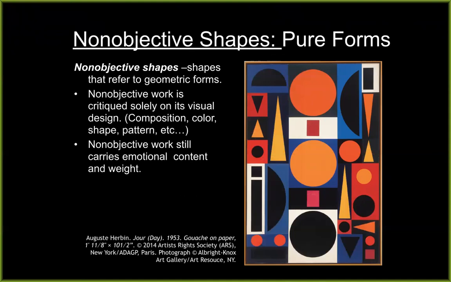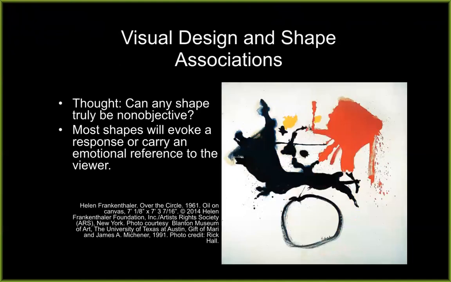So oftentimes you just stick to technical elements. Our book wants you to ask yourself, can any shape be truly non-objective? Because many shapes, even if they're abstract, will evoke a response or carry an emotional reference to the viewer.